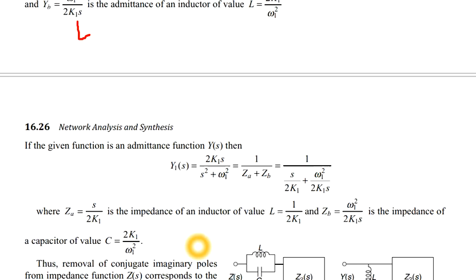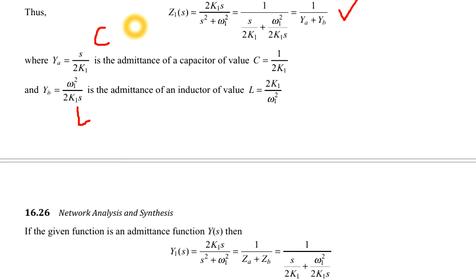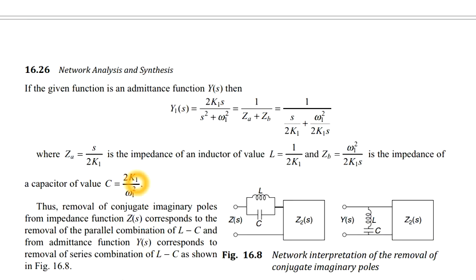Now what if the given function is admittance Y(s)? Then this Y1(s) will be this one, and you will get 1 by (ZA plus ZB). In those cases the capacitor becomes an inductor here, and the inductor becomes a capacitor here.